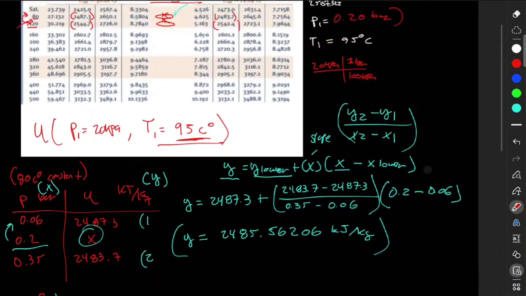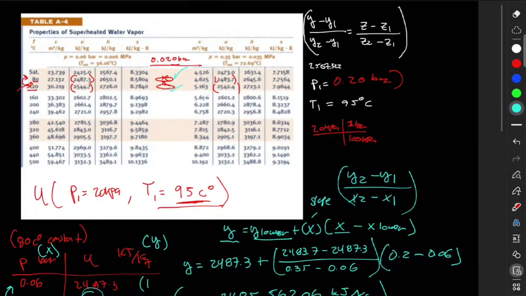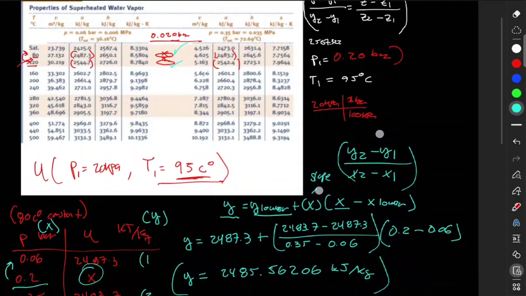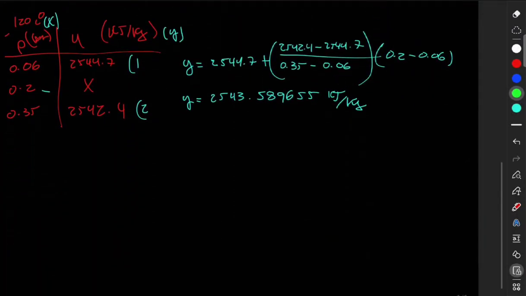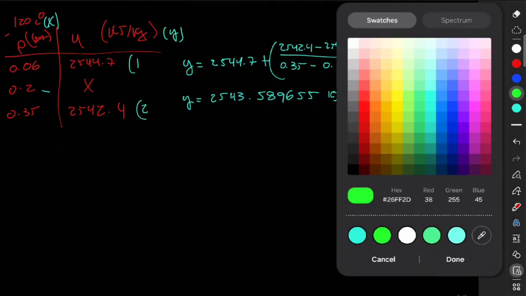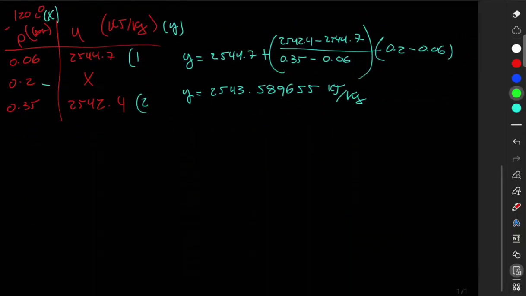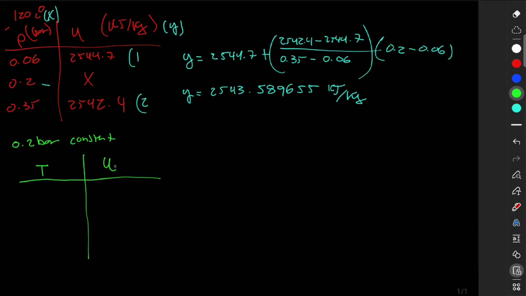Okay, so now we have this one, which is ready. So now what do we do? Well, we've completed the bar. So let me change the color here. Let's keep it green. Yeah, green's fine. So now we have 0.2 bar constant, and now we have temperature and internal energy.